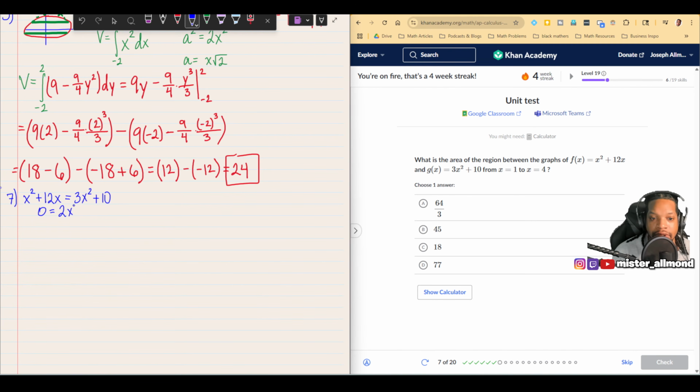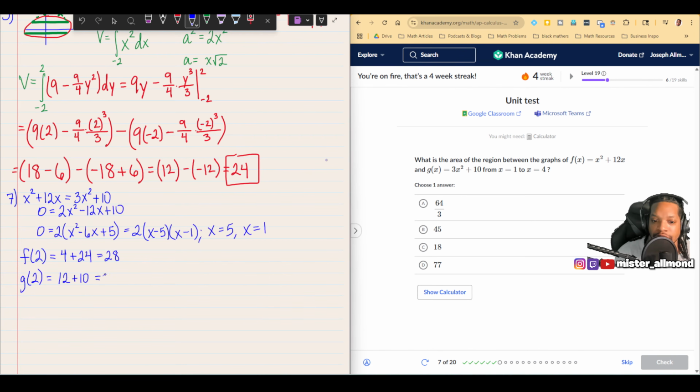So f of 2 would be 2 squared, which is 4, plus 12 times 2, which is 24. So that's 28. And then g of 2 is going to be 3 times 2 squared, which is 4. So 3 times 4 is 12, plus 10. And that should be a 22. So it looks like f of 2, or f in general, is on top.